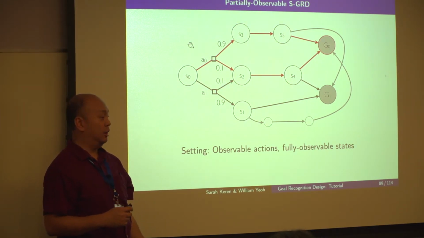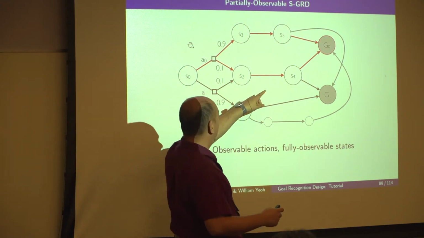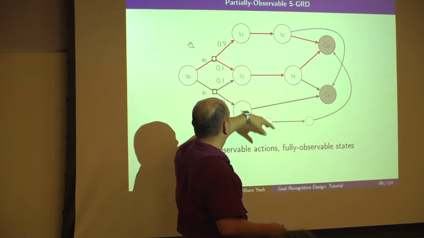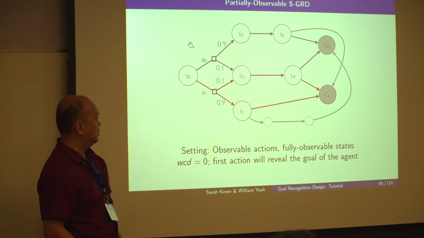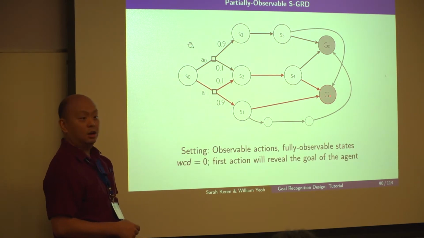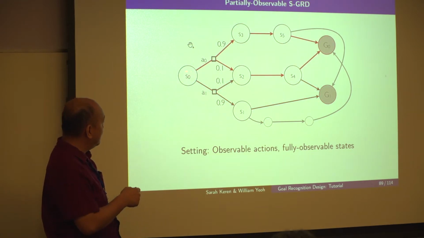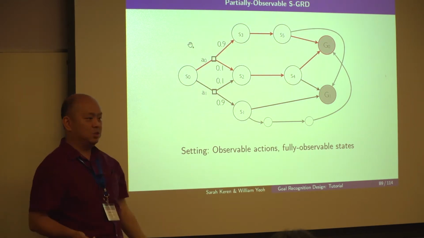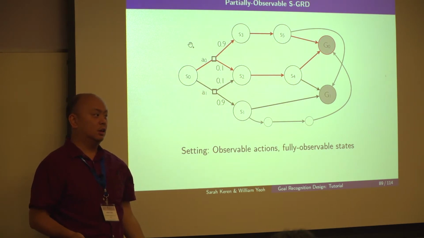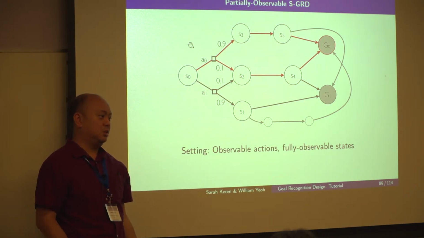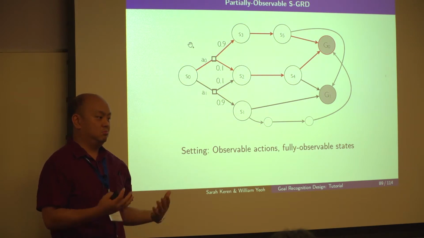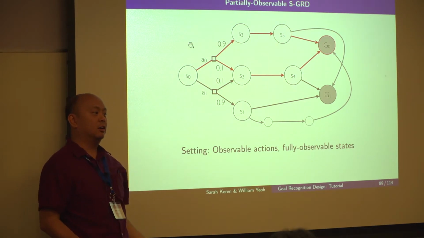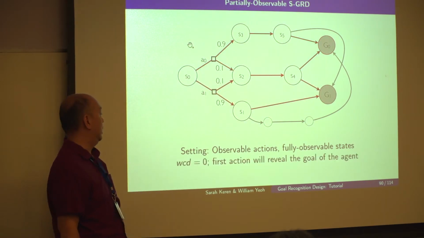If my goal is over there, this would be the optimal actions to get here, and this would be the optimal actions for G1. Which means that from the initial state, the first action that you take, I will know exactly which is your goal already. So in this setting, WCD is 0, because you can't hide anything. Clear? Hopefully.